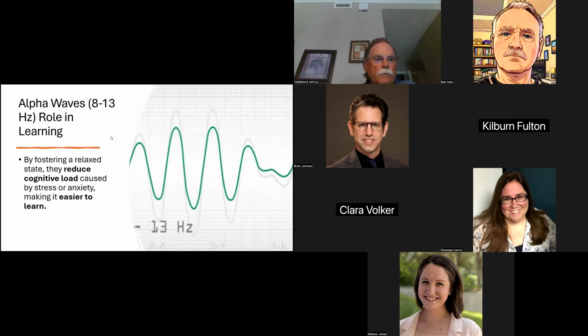By having a more relaxed state that we get through alpha waves, we actually reduce the cognitive load. And by this, we mean we reduce the outside stresses, the anxieties, the disruptions, the things that would interfere with us being able to pay attention.